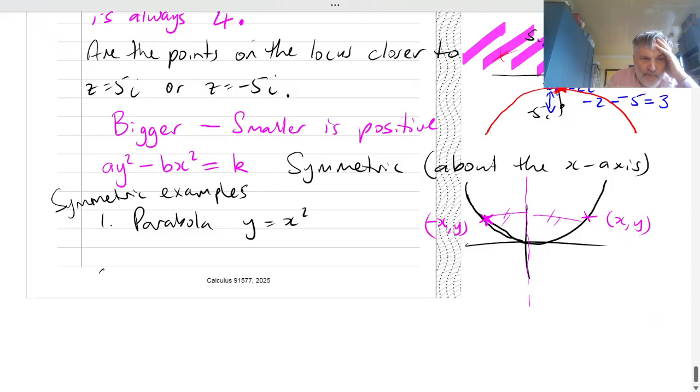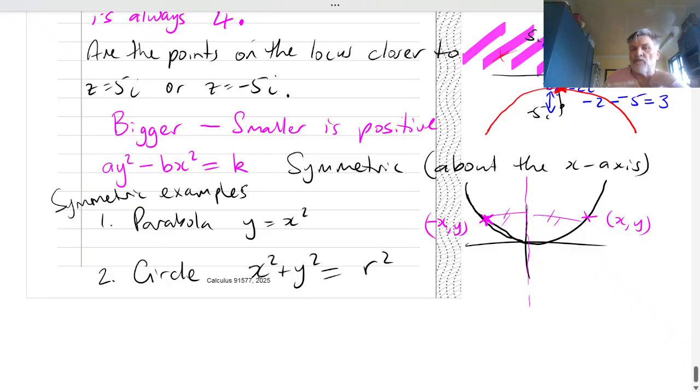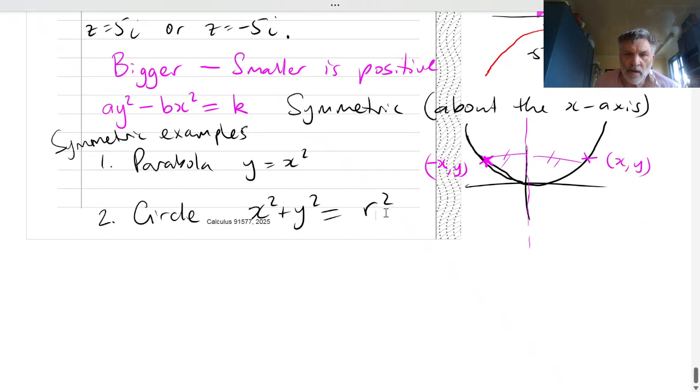The second example I'd like us to consider with the symmetry is the circle. And you'll be familiar that a basic circle centered at the origin has the form x squared plus y squared equals r squared, and we can draw a picture of that.